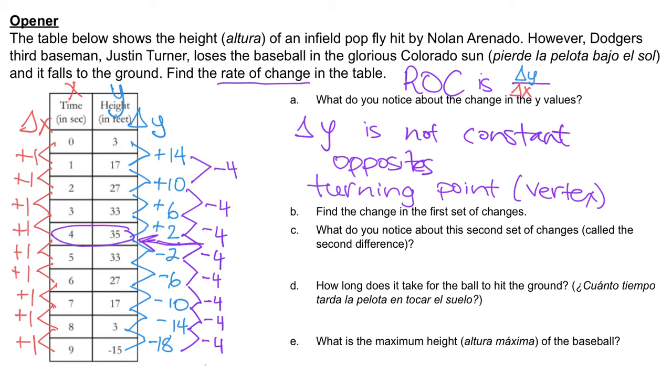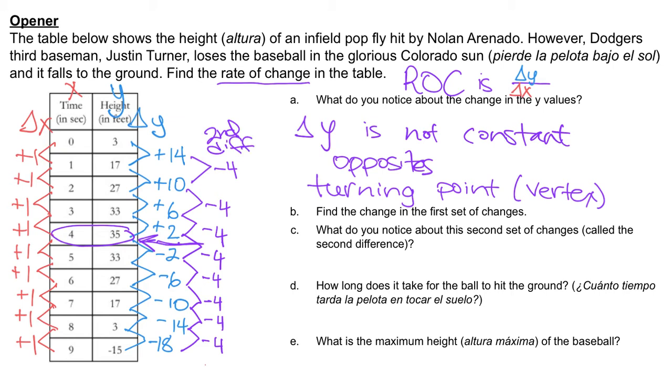You can see here that from positive 14 all the way down to negative 18 is decreasing the whole way. And these values stay decreasing by 4 for what we call the second difference. So this right here is going to be labeled second difference. You can abbreviate that like I did if you want.